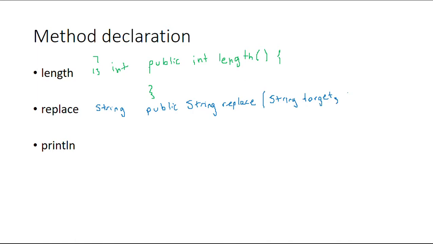And the other string we use as a parameter, I'm gonna call it replacement. Because I'm gonna replace with this thing whatever I find. If I find the target, I'm gonna replace it with the thing called replacement.